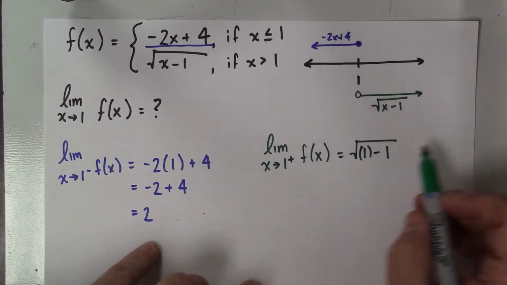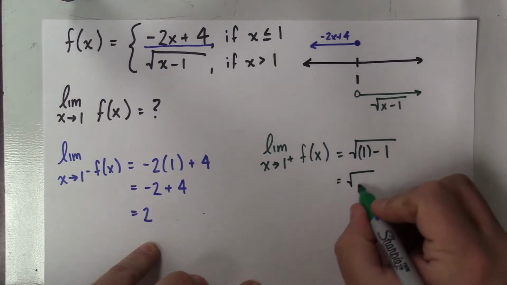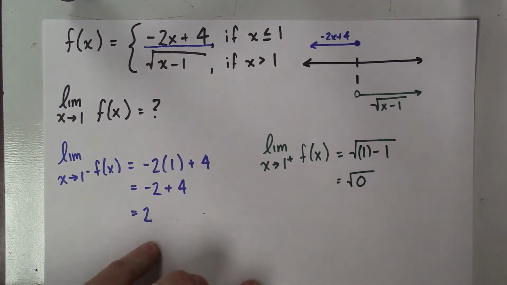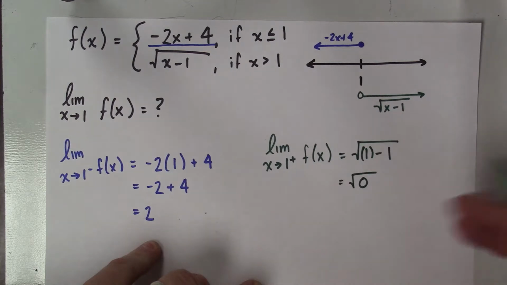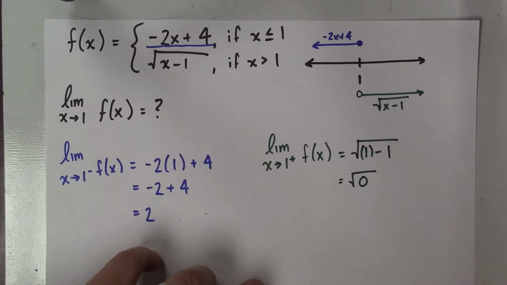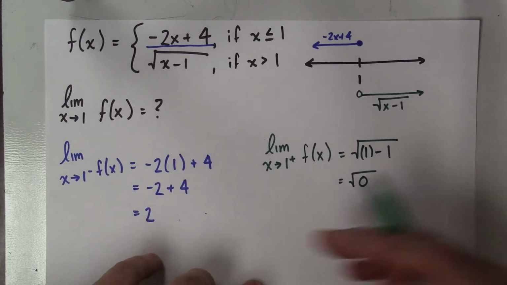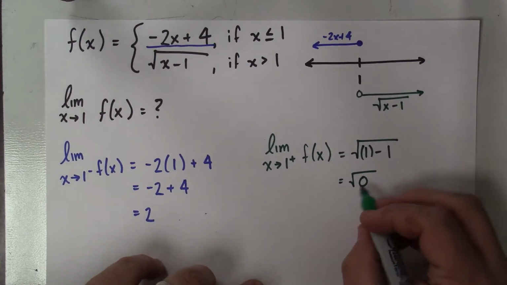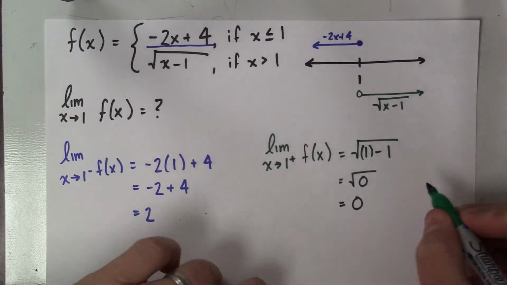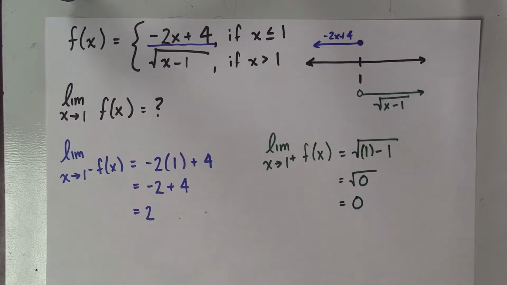Well, 1 minus 1 is 0, so that's the square root of 0, and the square root of 0 is completely okay. This is not a domain restriction. It would be if I tried to plug in a negative number, and then we would have to deal with complex numbers, and that's way outside where we're going to be in Calculus 1. So we're just going to focus here on the square root of 0 is 0.